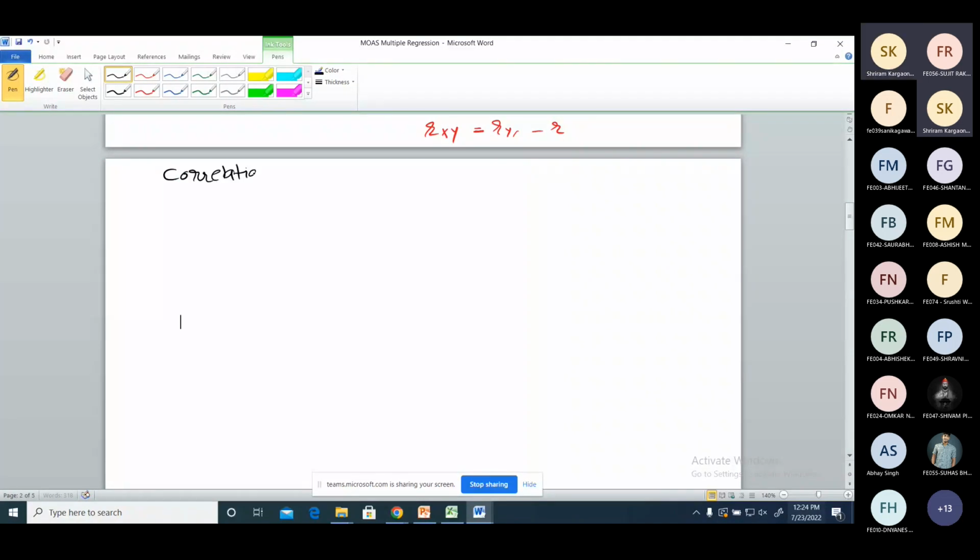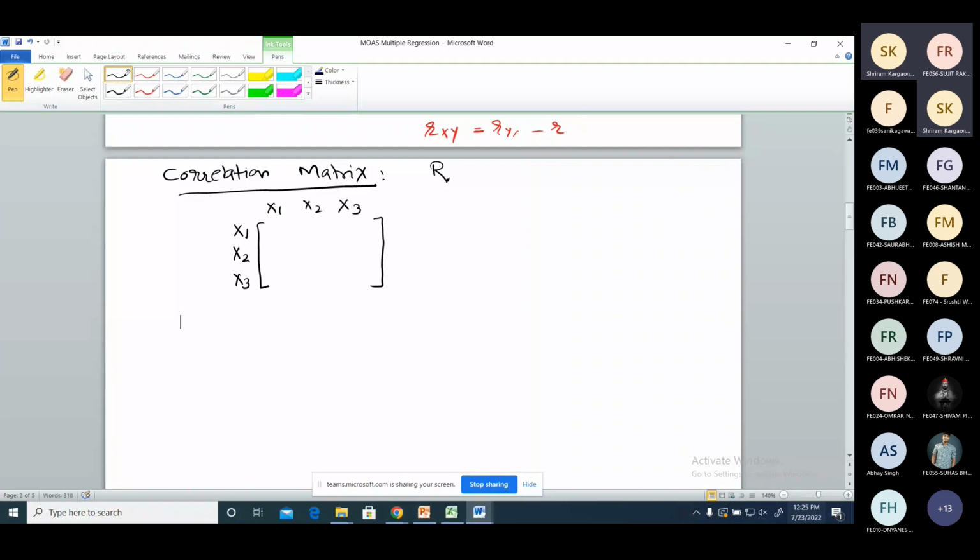We define the correlation matrix for that. These terms you have to understand very carefully, because without this you cannot attempt the numericals. Now there are three variables, X1, X2, and X3.